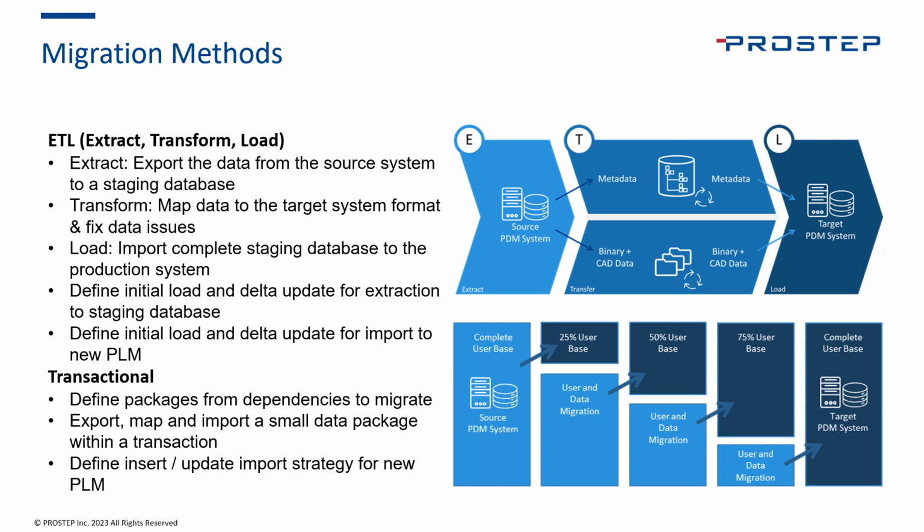And the third, load, and that's just a clean import from the staging database to your system. You can do this in a one-time approach. So executing it all over a weekend, you shut down your old PLM on Friday, you run the E, T, and L parts over the weekend, and then you start within the new system on Monday.